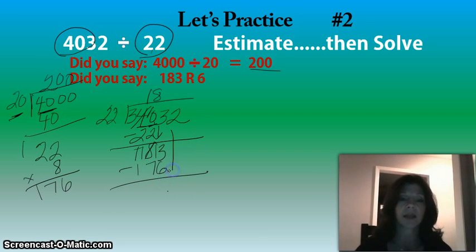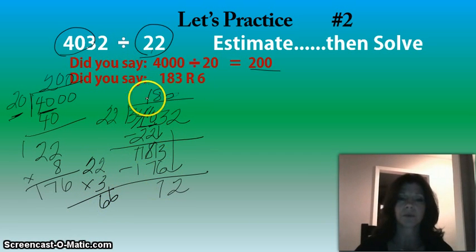I can now bring down my 2, and 22 into 72, I'll place my 3 above the line, above the 2, and on my scrap paper I'm going to take 22, going to multiply it by 3. 3 times 2 is 6, 3 times 2 is 6.